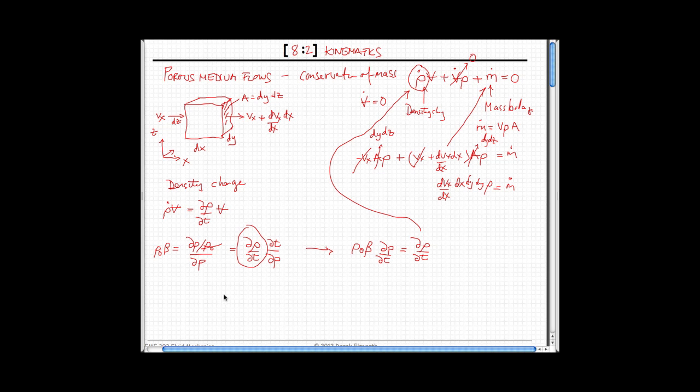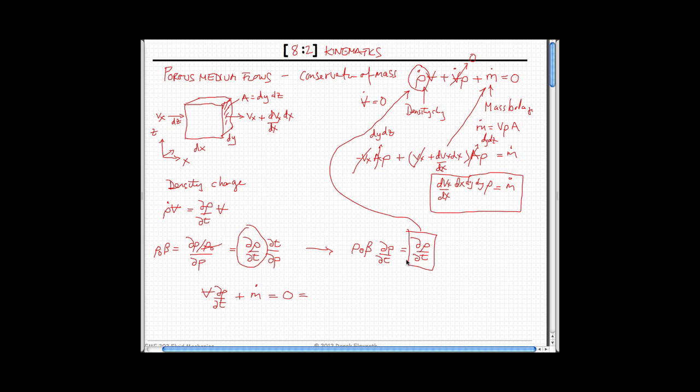And so if we do that, and we write out this expression, and add it to this expression, right? Well, let me just write it down. So what is the term? So it's the volume multiplied by change in density over time plus mass and equals 0.